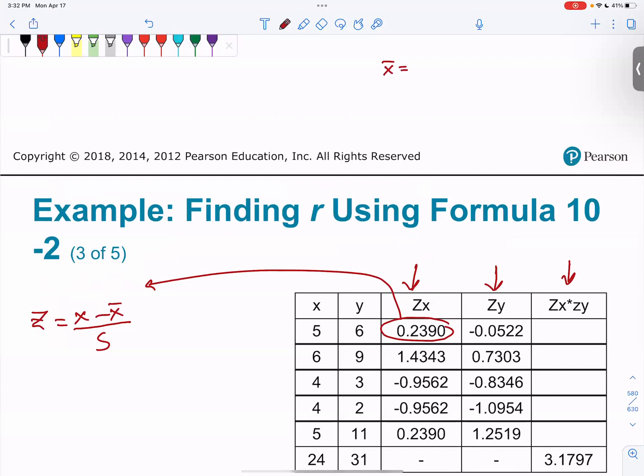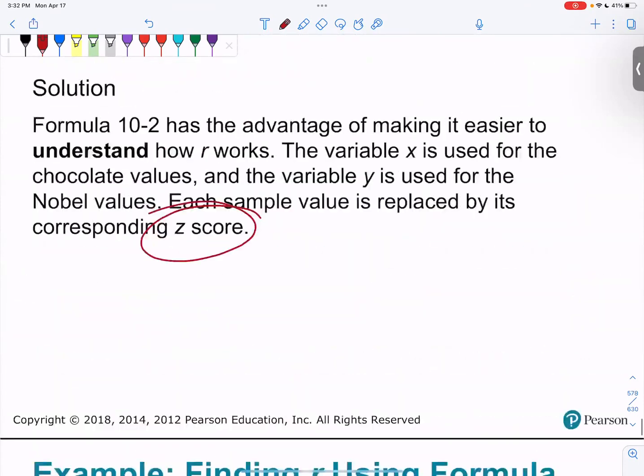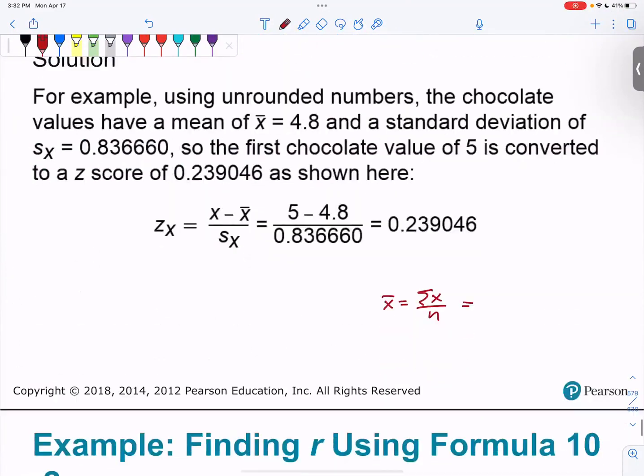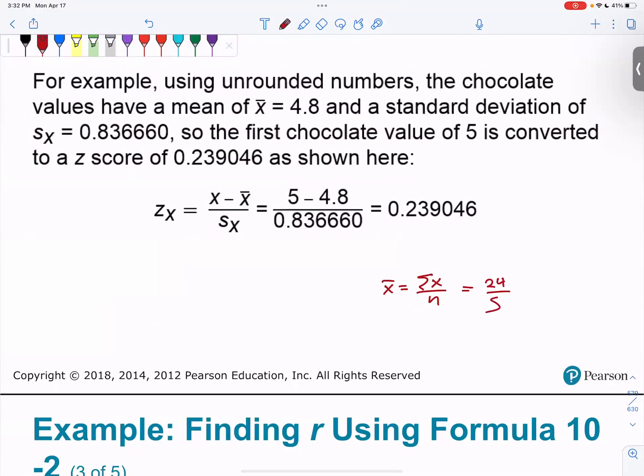X bar equal to summation X divided by N, which is equal to 24 divided by 5, equal to 4.8. This is X bar.